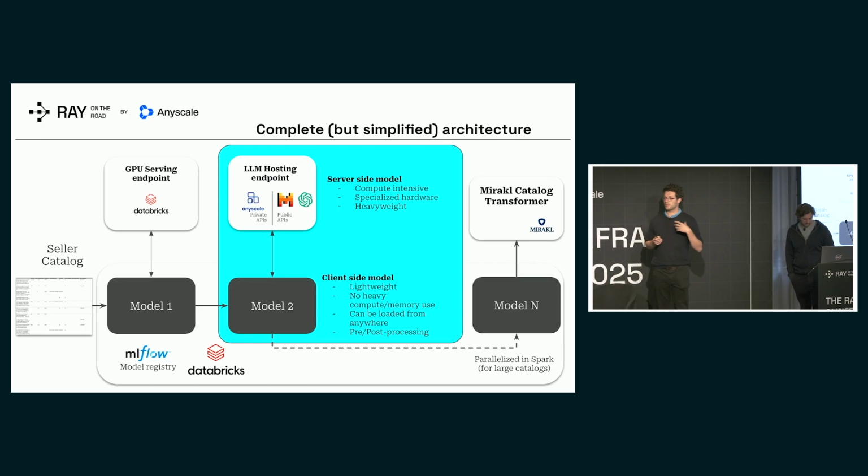So for instance, you can have GPU serving endpoints on Databricks, but you also have LLM hosting endpoints on our Anyscale private APIs. This allows us to centralize all of the compute that necessitates specialized hardware and to have better efficiency in terms of computing. Because you are going to have maybe 100 catalogs computed at the same time, and you don't want to set up 100 GPUs for that.